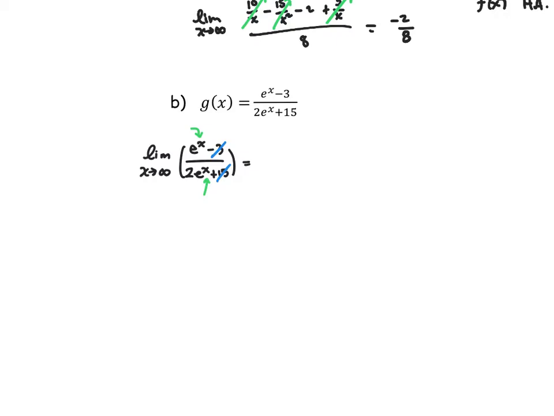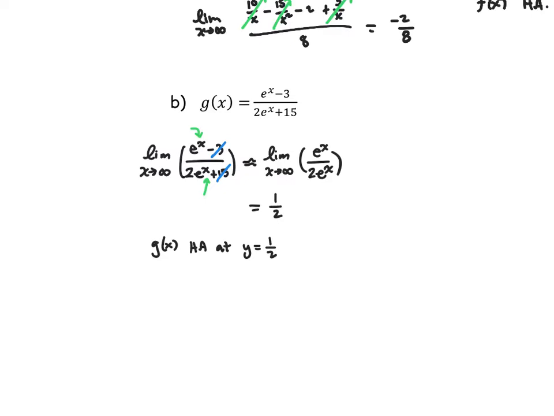So in essence, this is not equivalent, but this is approximately the same as the limit as x approaches infinity of e to the x over 2e to the x, which, of course, you can see that the numerator would grow half as fast as the denominator. So I'd see that g of x has a horizontal asymptote at y equals 1/2.